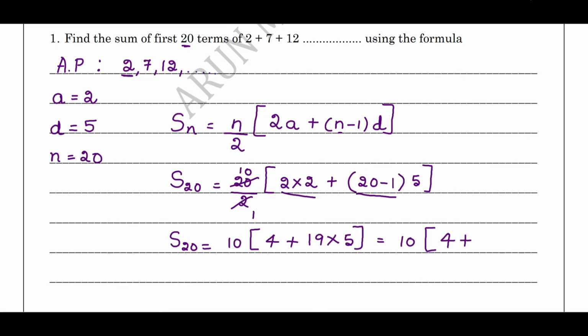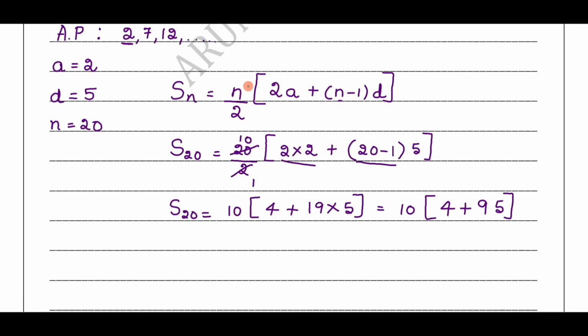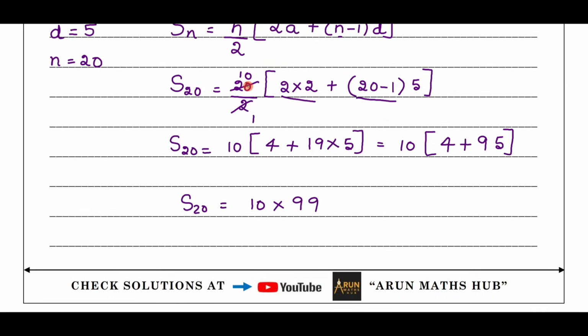We get 95. Now S20 equals what we get? 10 into 4 plus 95 is 99. Now the sum of 20 terms S20 equals 10 into 99, we get 990. Therefore the sum of 20 terms is 990.